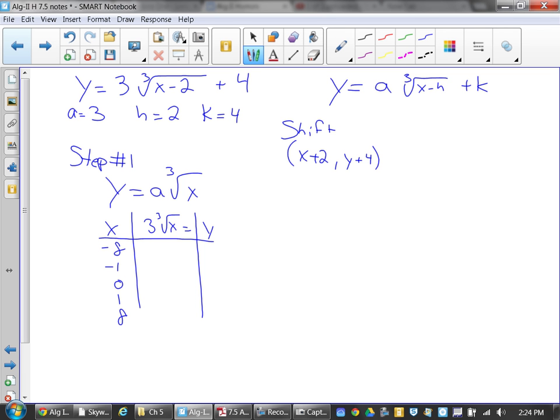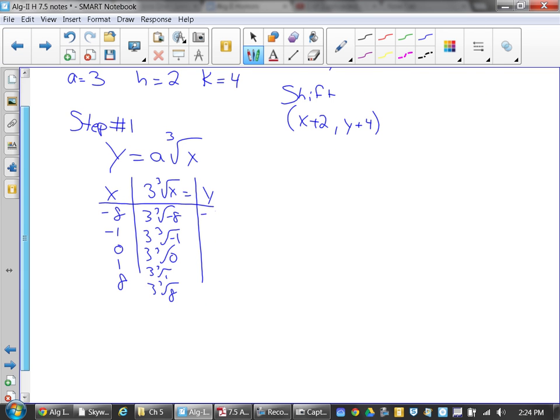We're trying to do this as basic as you can to be able to do the mental math here. Some simple cube roots. So you have 3 times the cube root of -8, 3 times the cube root of -1, 3 times the cube root of 0, 3 times the cube root of 1, and 3 times the cube root of 8. The cube root of -8 times 3 is -6.